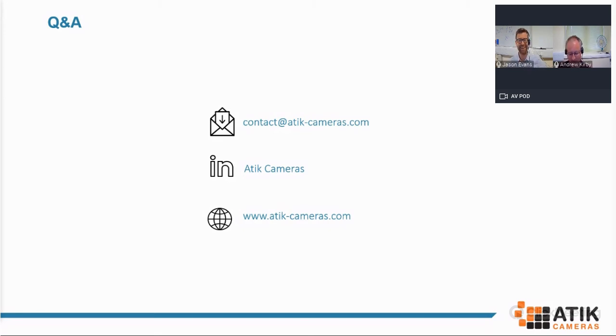Yeah, unfortunately, the text is quite small in our little chat room there. But essentially, none of the sensors that we use have the micro lenses removed. So the only difference you will find is that the color has the Bayer filter matrix, and the mono ones don't.